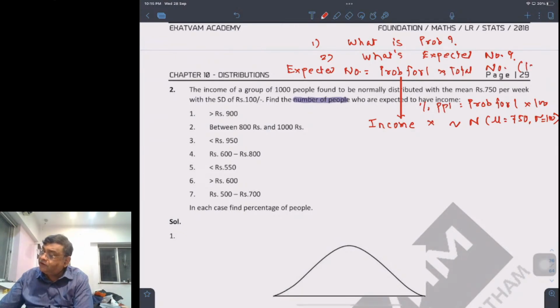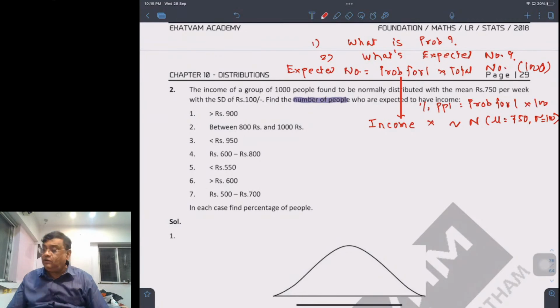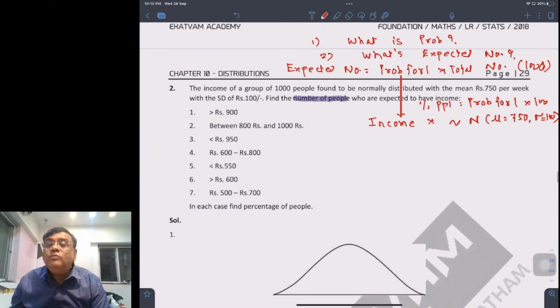So expected number is equal to probability for 1 multiplied by 1000. ये आपको देगा expected number. बाकी सब प्रोसीजर सेम ही जो हमने पहले किया, सिर्फ एक स्टेप आगे जाके 1000 से मल्टीप्लाई करेंगे तो आपको मिलेगा जो आपको चाहिए.